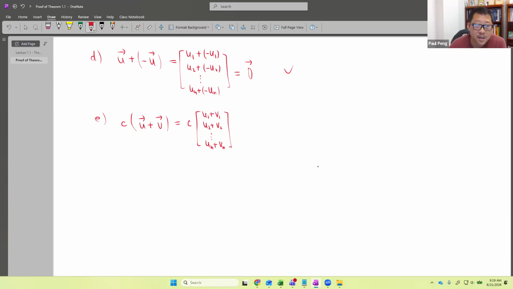Yeah, and then by scalar multiplication, we definitely have C(u1 + v1), C(u2 + v2), goes up to C(un + vn). Now do you believe we have a distributive property? We learned that from elementary school, and we can use the number distributive property.